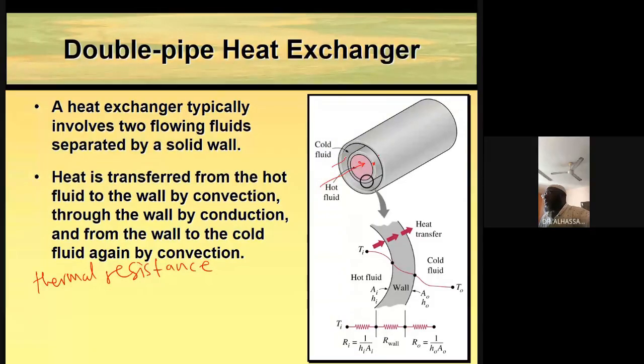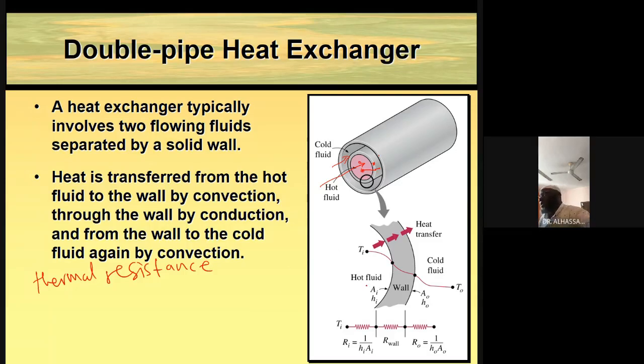Across this particular section, we have a cold fluid. So there will be heat transfer from this hot fluid through this inner cylinder onto the cold fluid outside. You understand me?